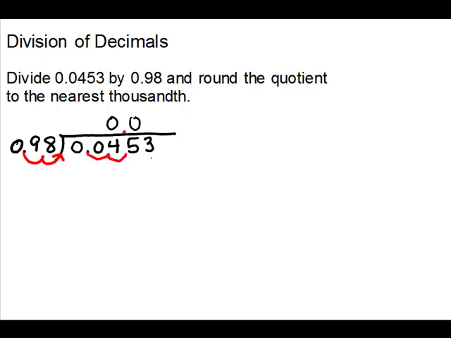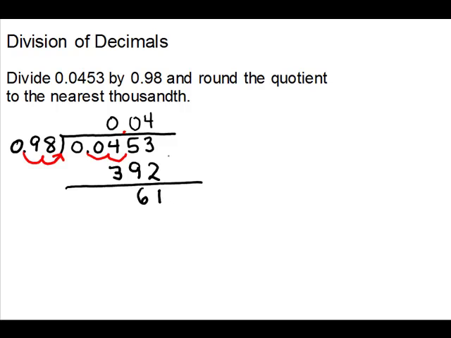So 98 into 453. And I would guess a 4 there because 98 is about 100. Multiply back. 4 times 98 gives us 392. Then we'll subtract.